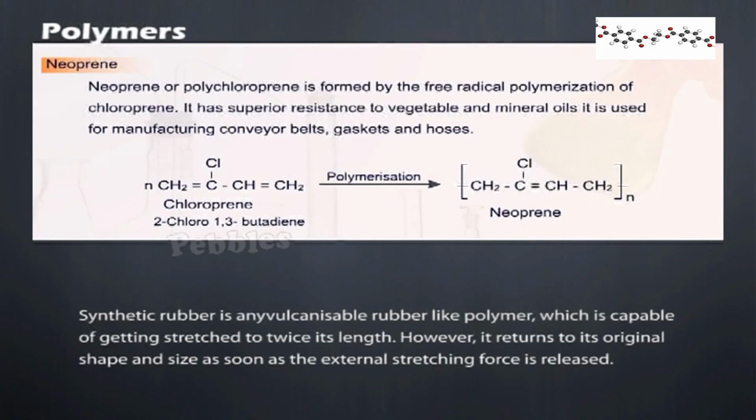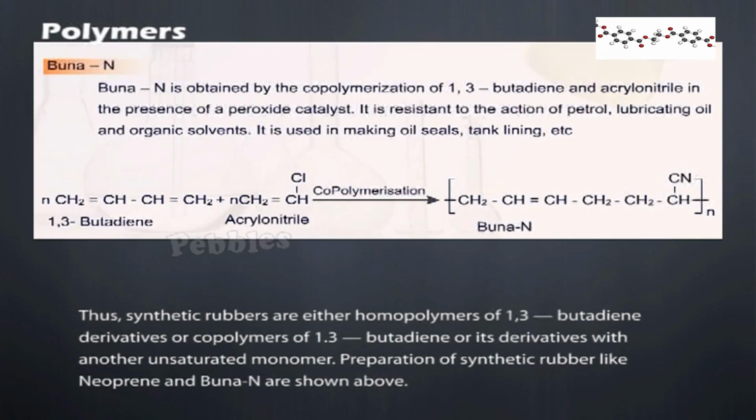Synthetic rubbers. Synthetic rubber is any vulcanizable rubber-like polymer which is capable of getting stretched to twice its length. However, it returns to its original shape and size as soon as the external stretching force is released. Thus, synthetic rubbers are either homopolymers of 1,3-butadiene derivatives or copolymers of 1,3-butadiene or its derivatives with another unsaturated monomer.